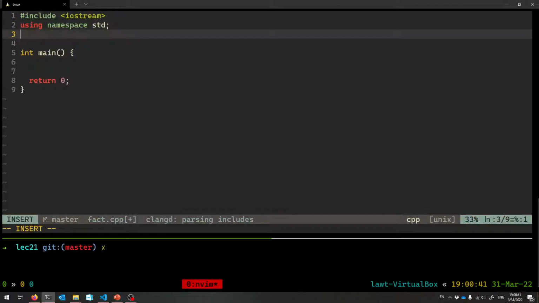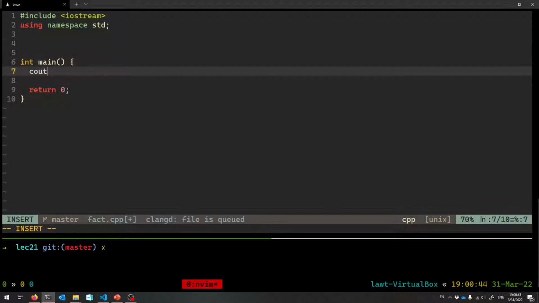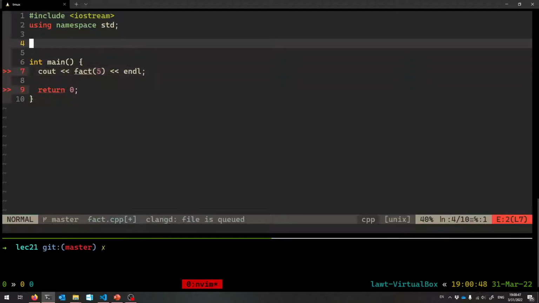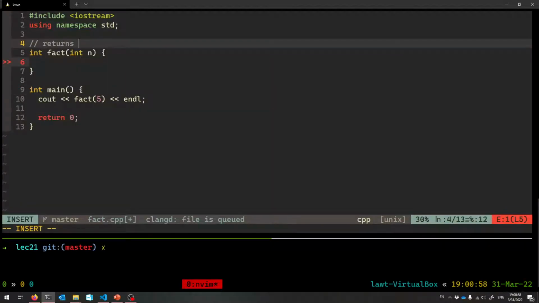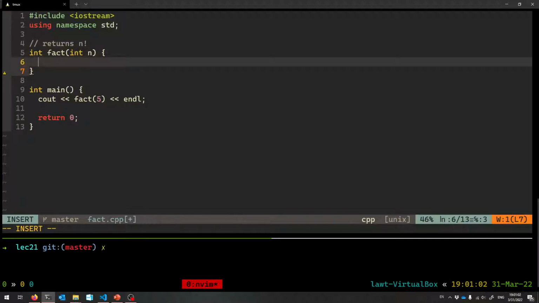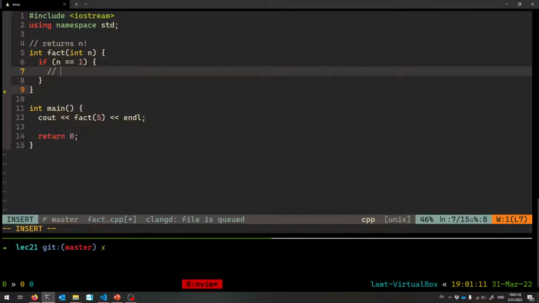So I want to do something like, I'm going to output the factorial of 5. And here's how you do it recursively. So normal function, it's called fact, computes the factorial of whatever n it's being given, and so we have to figure out if we're in the base case or the recursive case. If n is 1, that means we're in the base case.